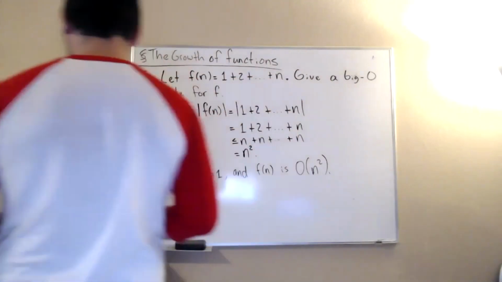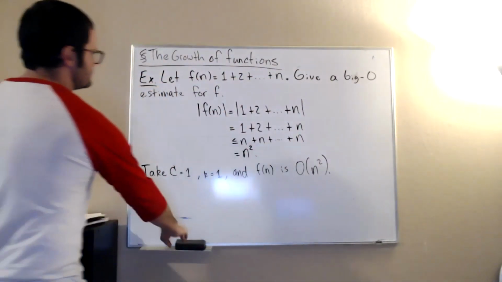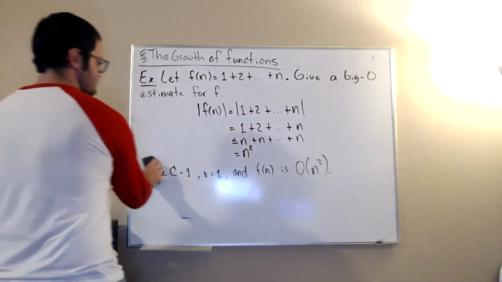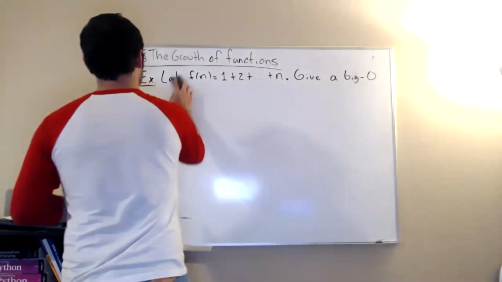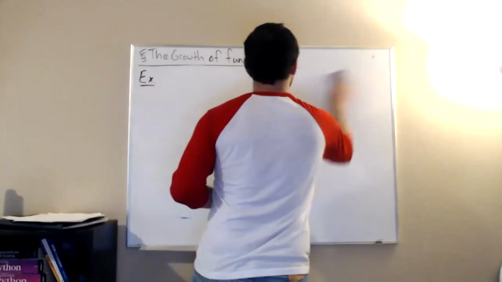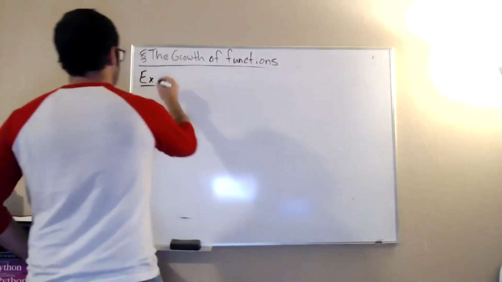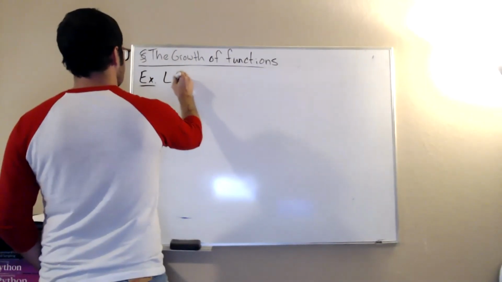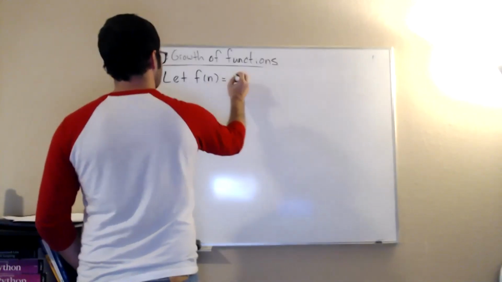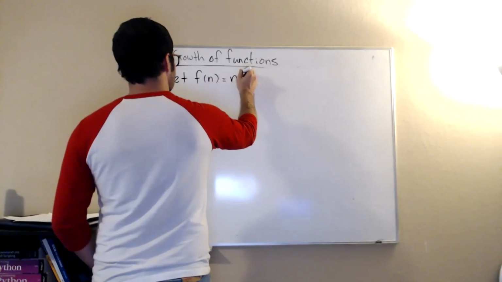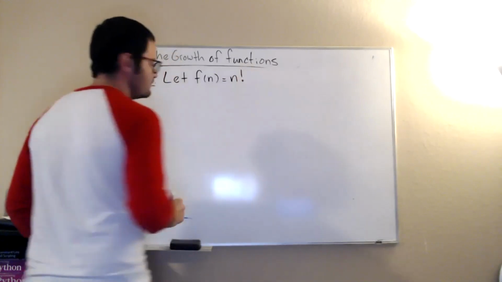All right, so let's look at maybe another example. Let f of n be equal to n factorial now.